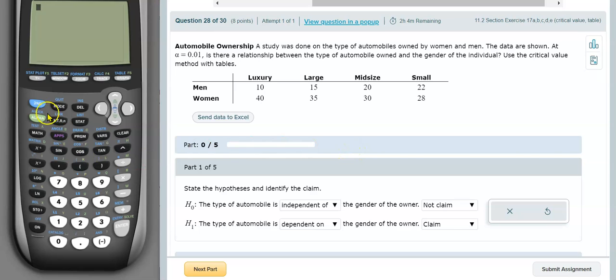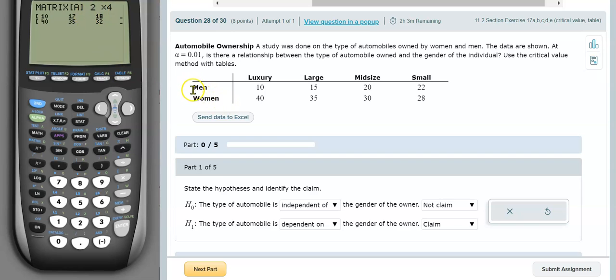The first thing to do is go to matrices. You go to second, matrix, and then go to edit and enter. I have a table here from previous work. I don't really need to clear it because once I change the dimension, it will be overwritten.